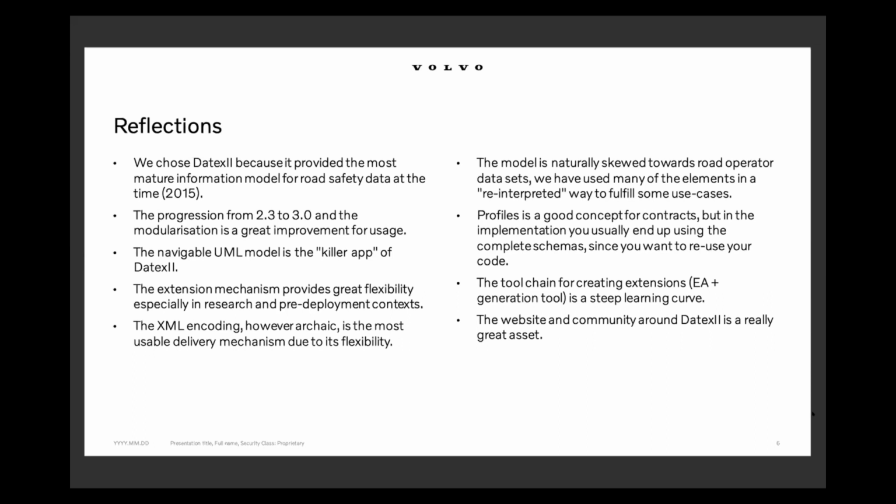Then during the years, we also found that naturally the DATEX II information model is skewed towards road operated data sets, of course, because it's you, the developers, that have done the main work of this. We have found though that in many cases, especially for research, it's possible to reinterpret some of the attributes and elements in a way that you can still fulfill your use cases, and as long as you provide documentation and explanations for this, it's quite feasible.